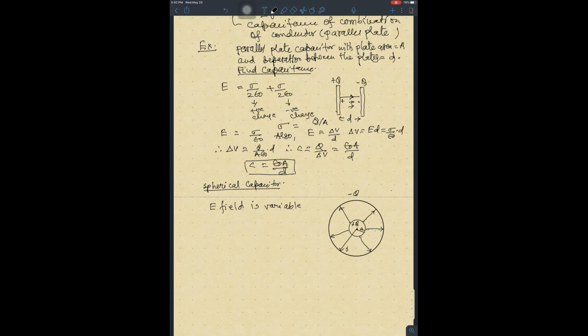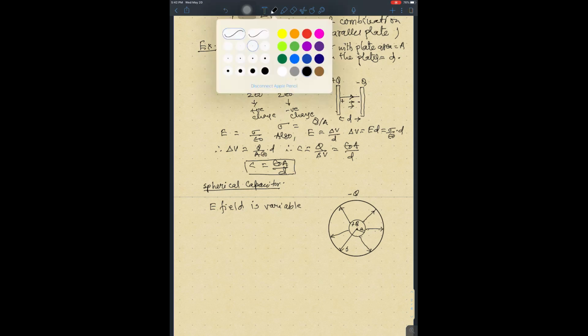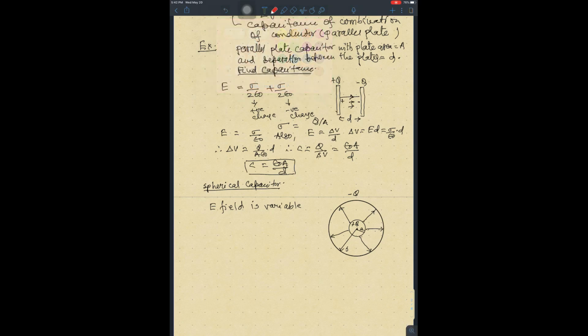So we will first have to calculate the electric field, and in that process we would like to first create a Gaussian surface of radius r.